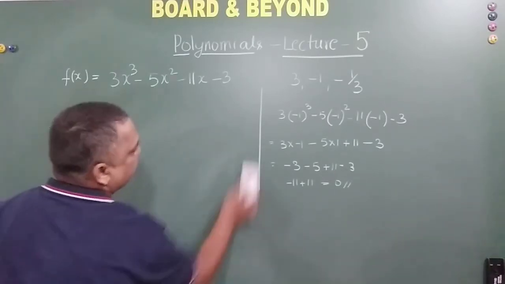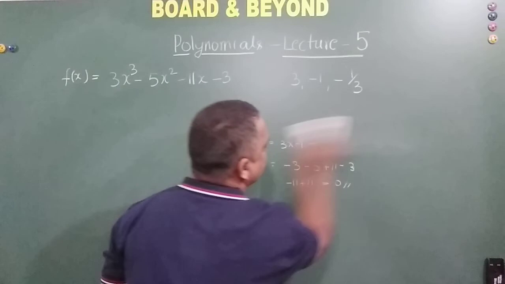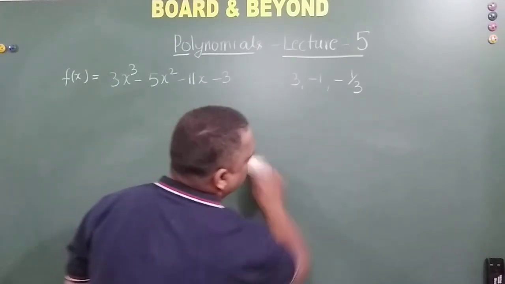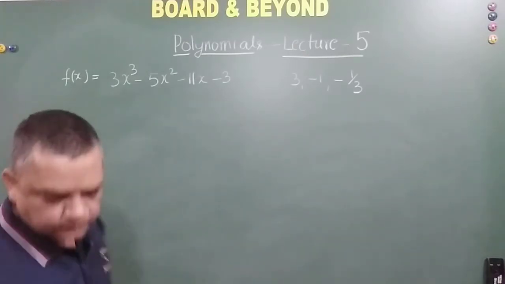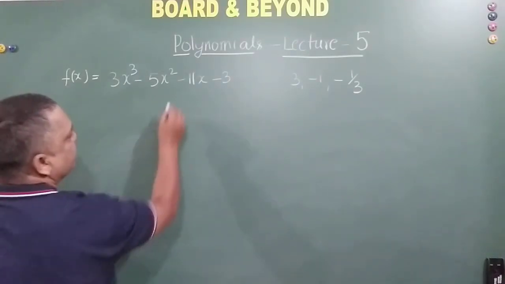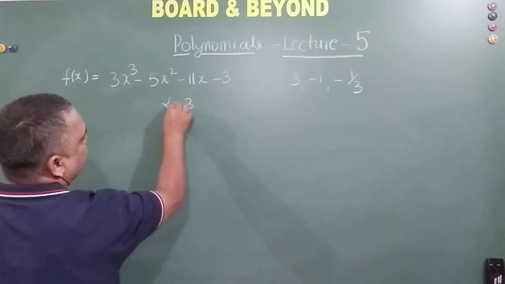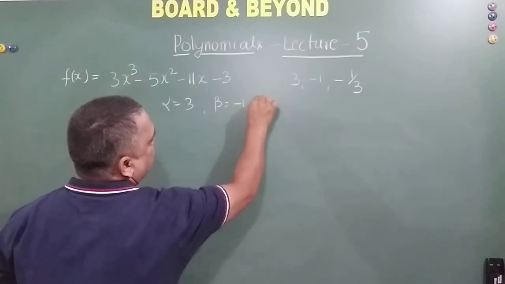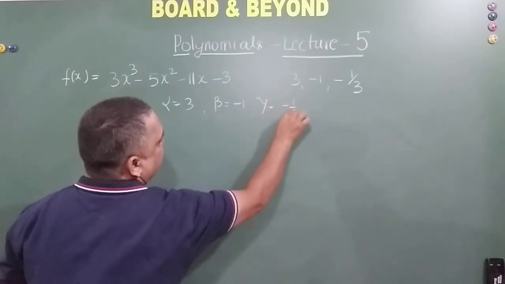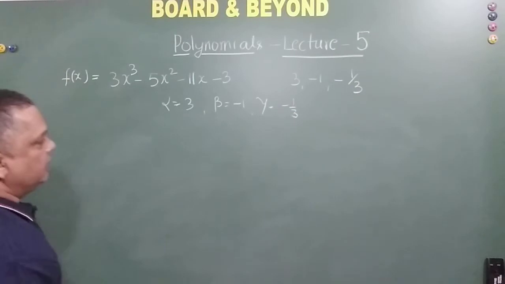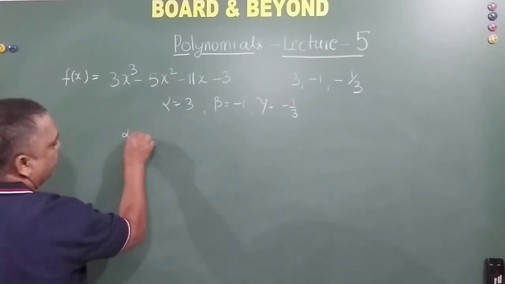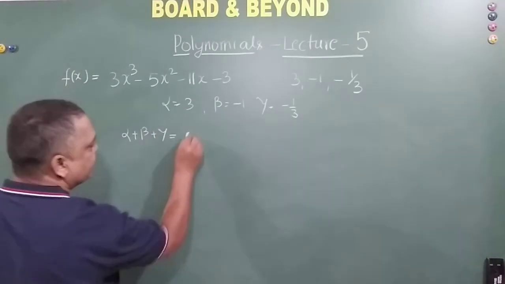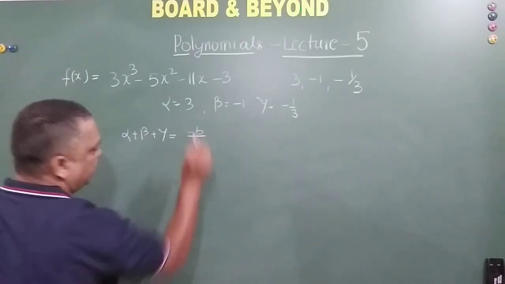Now we need to establish or justify the relationship between the roots and the coefficients for this cubic polynomial. So friends, for that we assume that alpha is equal to 3, beta is equal to minus 1 and gamma is equal to minus 1 by 3. Right? So what do we know? We know that alpha plus beta plus gamma is equal to minus b by a.